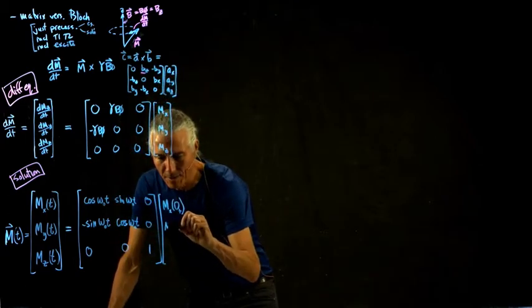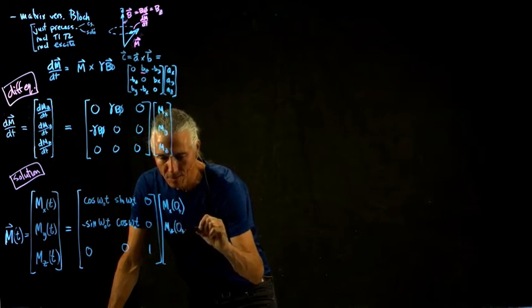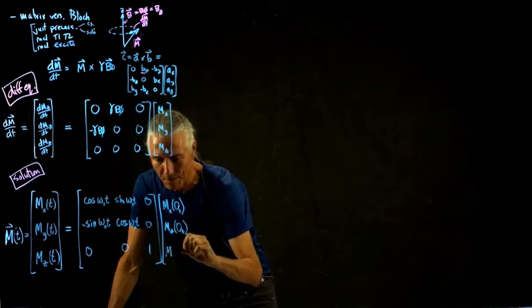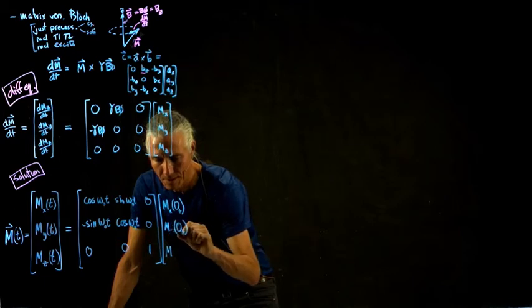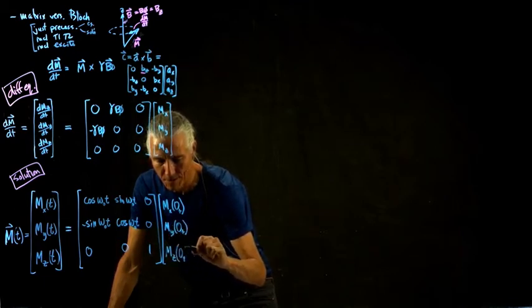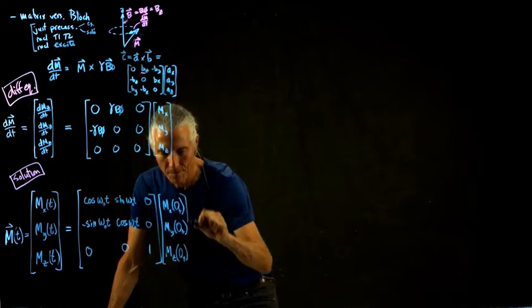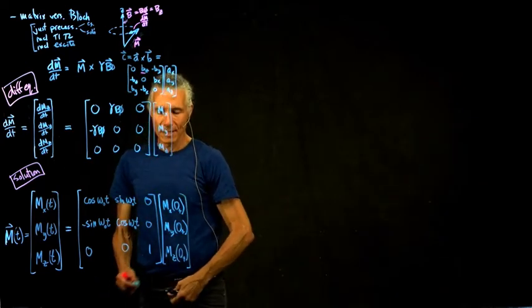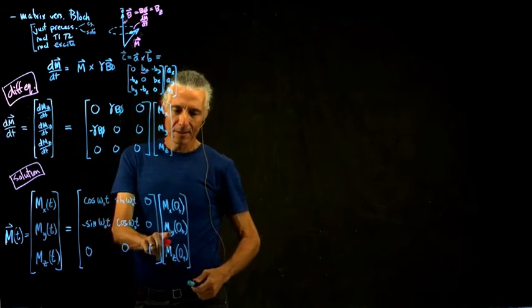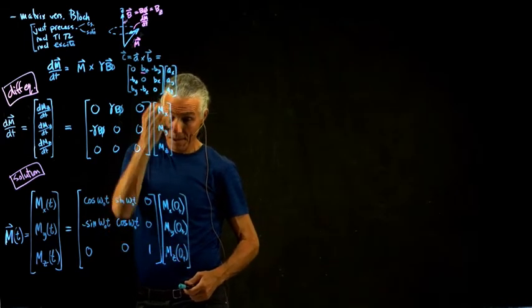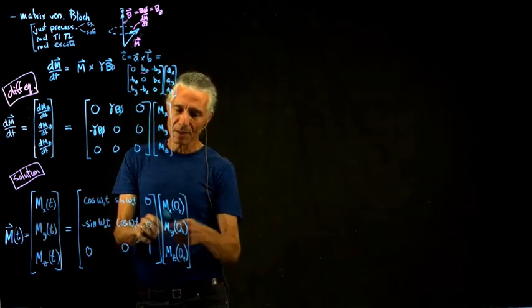And the y component of whatever the magnetization was when you started, and the z component of whatever it was when you started. So this guy is a vector, and the matrix is going to do something to the vector.